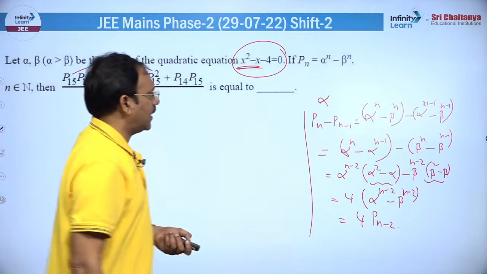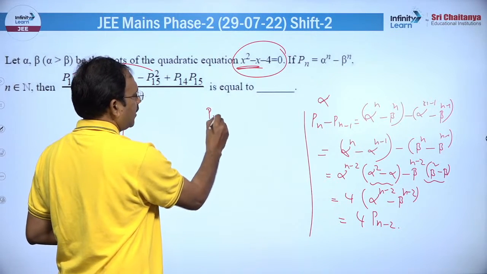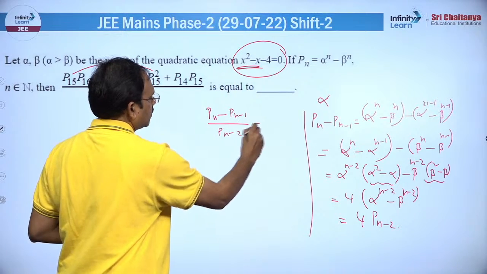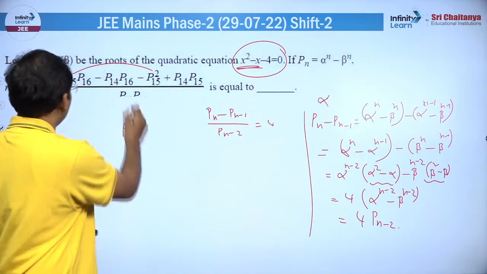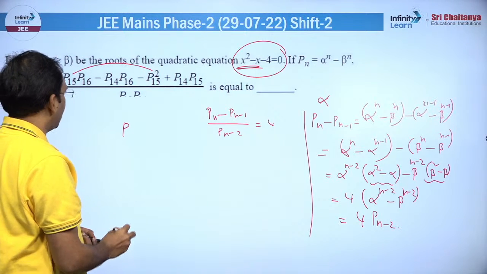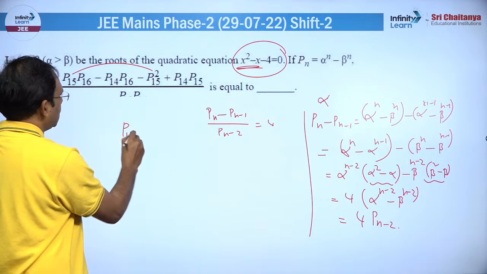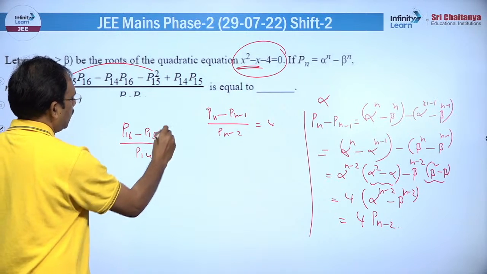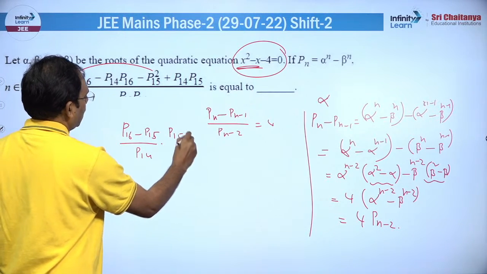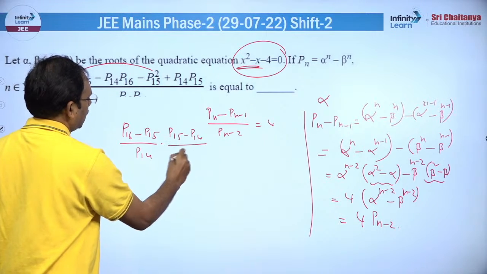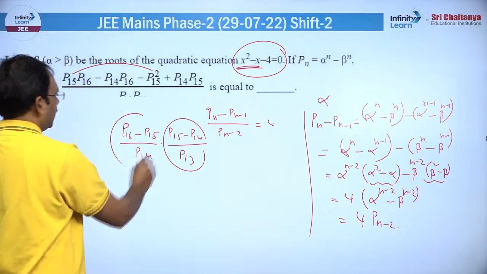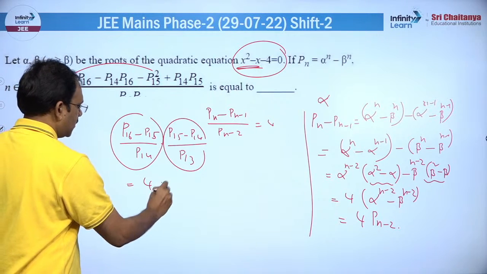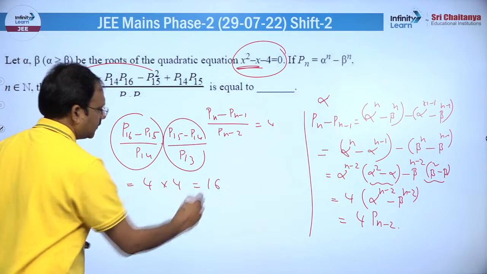So, my dear friends, I can say here Pn minus Pn minus 1 by Pn minus 2 is equal to 4. Now, you can clearly arrange this as P16 minus P15 by P14 into P15 minus P14 by P13. Yes, you will get 4 into 4, it is going to be 16 is the answer.